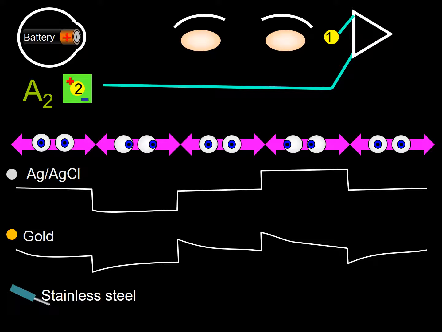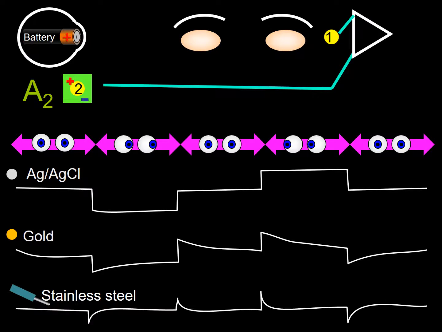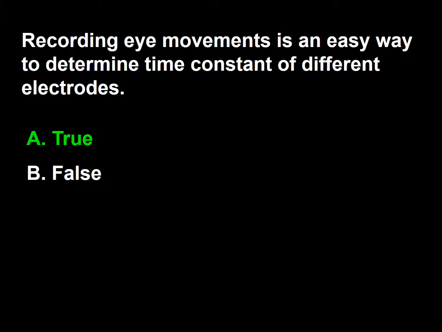If instead of using gold, now we decide to use stainless steel needles, the inability to sustain the voltage achieved after the initial deviation is even more noticeable. The reason for this is that stainless steel needles have an even shorter time constant. So the answer to this question is A.